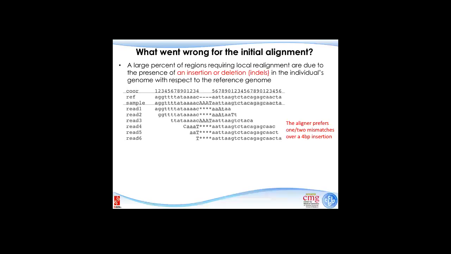And then what people do is align to here, AAATAA, with the consideration that this particular A is a sequencing error. That makes sense? There's nothing wrong with the initial alignment. The initial alignment is aligning this read to the reference genome.